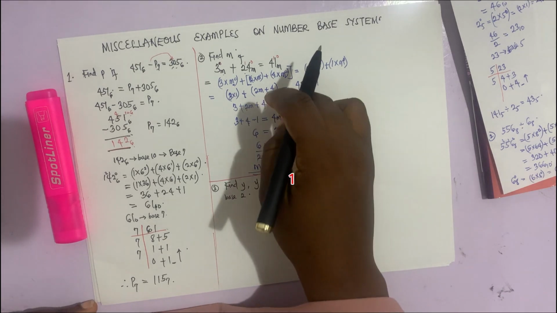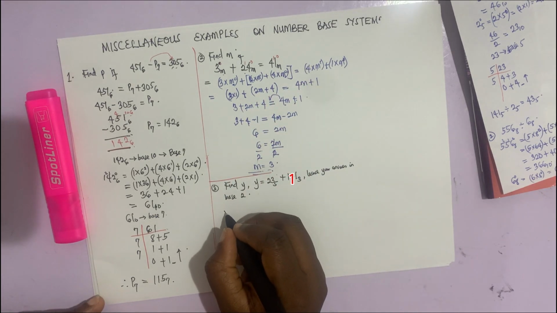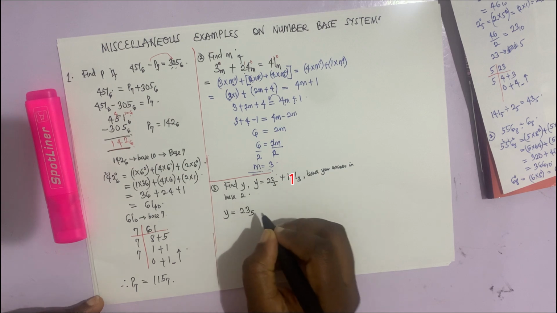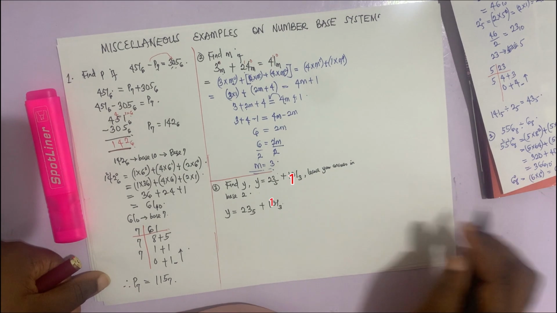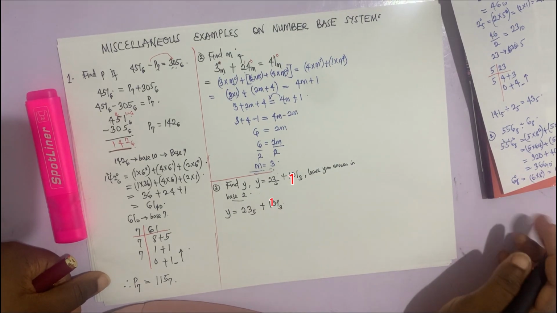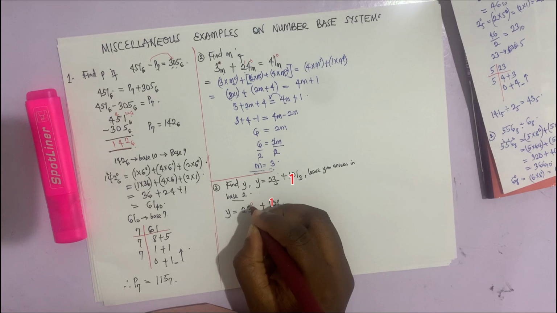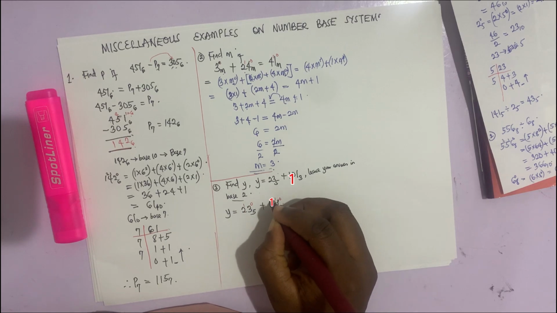So how do we do it? We use the same approach by trying to convert this to base 10 and convert it back to base 4, because we have to leave our answer in base 4. So label the indices 0, 1, and 0, 1, 2.